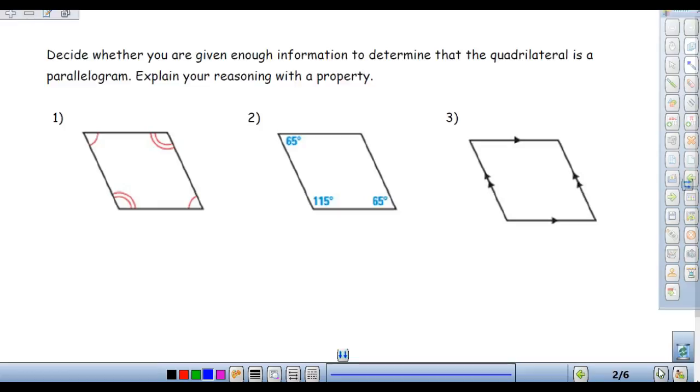Why? Opposite angles are congruent. Is number 2 a parallelogram? Yes, I'm hearing no. I'm going to go with yes. You yesers, why? Ooh, but that angle is, so I can't say that. Consecutive angles are supplementary.